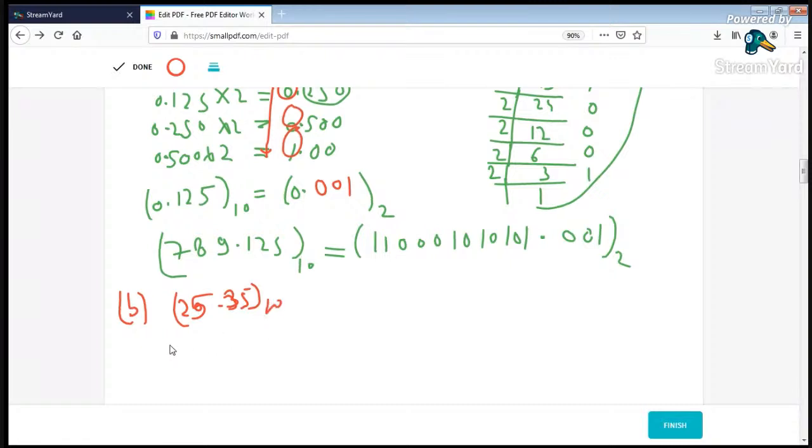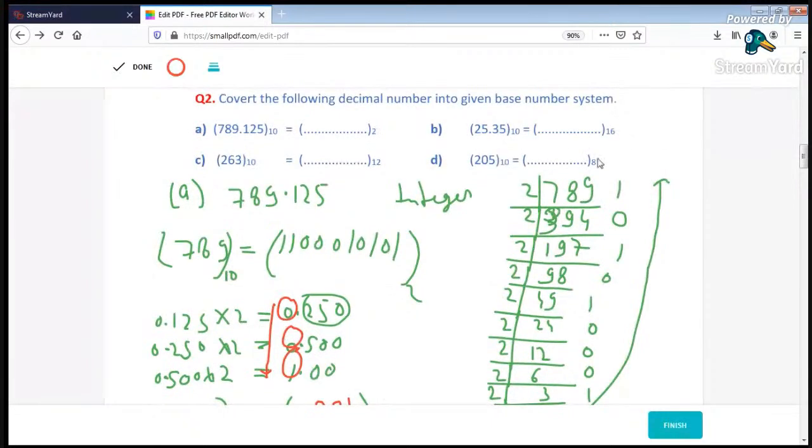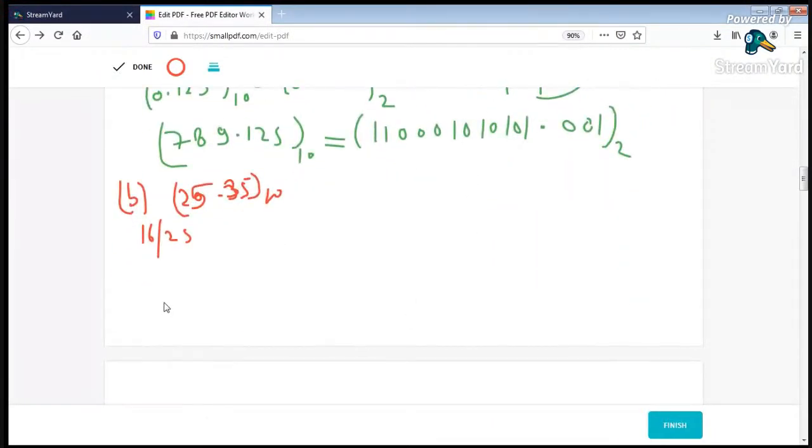First you solve the integer value. The decimal integer value is divided by the desired base, which in our problem is hexadecimal. We need to convert this decimal into base 16, known as hexadecimal. Now divide 25 by 16. The division succeeds one time, and the remainder is 9. So the integer value 25 converted into hexadecimal will be 19.